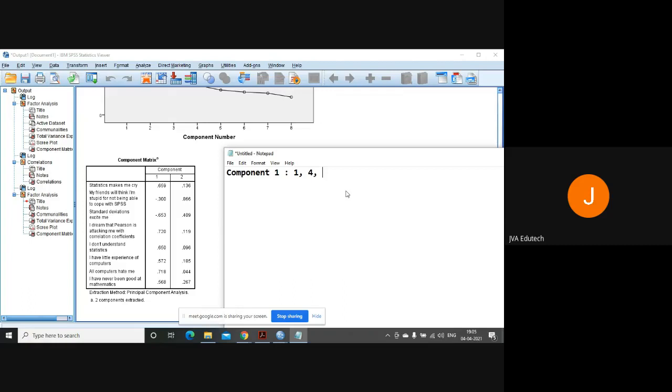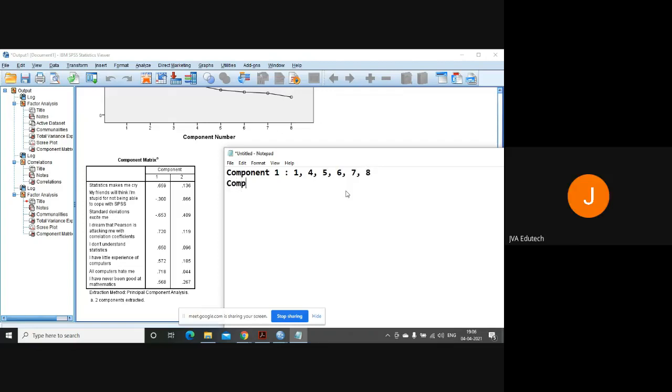If negative sign, then of course we have to drop it. Then we will not consider it. Yeah. Okay, sir. 1, 4, 5, 7. See, 6 is also there, no? Yes, sir. 6 also. 6, 7, and 8.